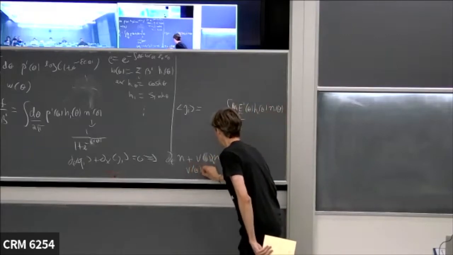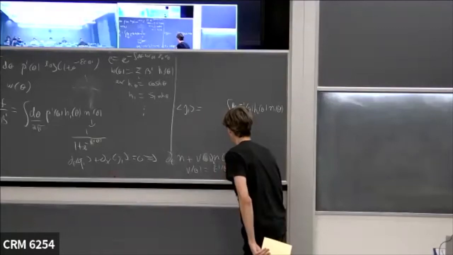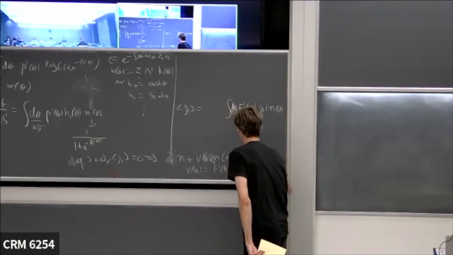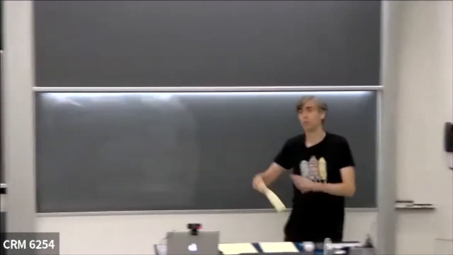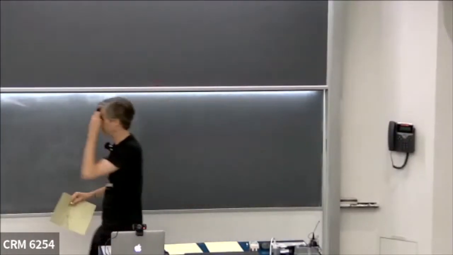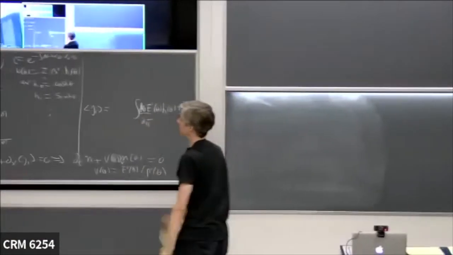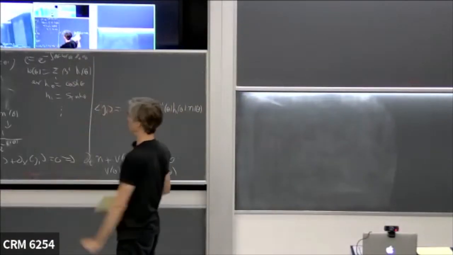So v of theta is e prime of theta over p prime of theta, or dE dp. Here I'm writing everything in terms of rapidity to do the relativistic case, relativistic QFT. So this is the situation that we have in relativistic free fermion models.